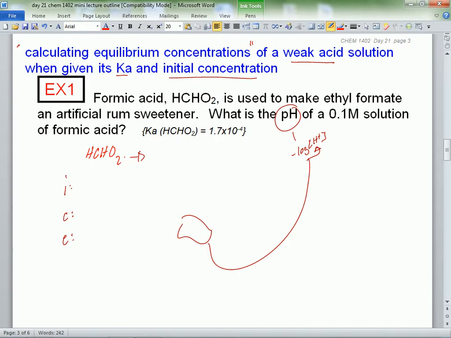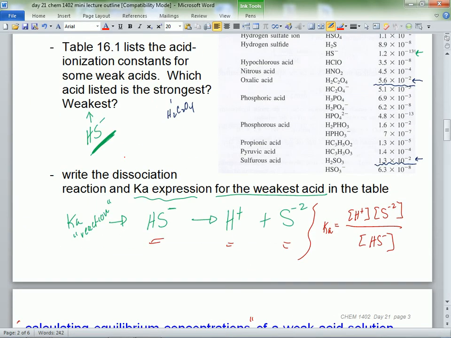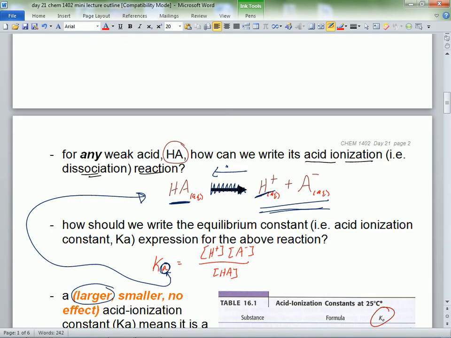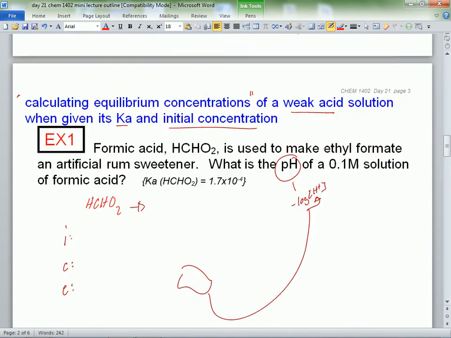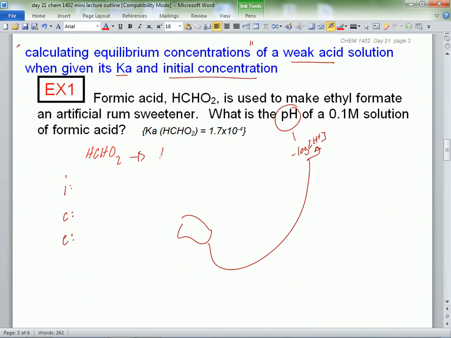What are the products on a Ka reaction? Right? They're always H plus and the conjugate, what do we call it? The conjugate base. So H plus and the conjugate base. Here's H plus. What's the conjugate base? CHO2 with a minus. Perfect.